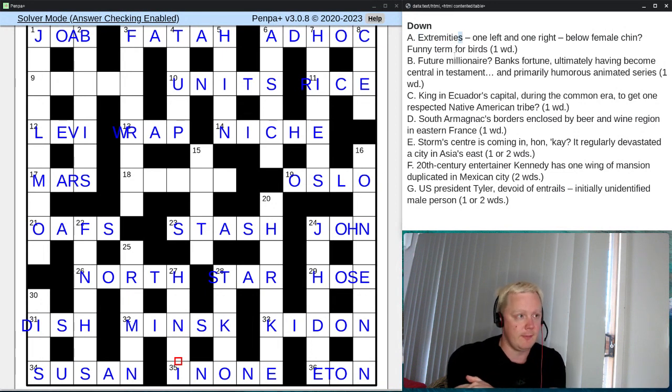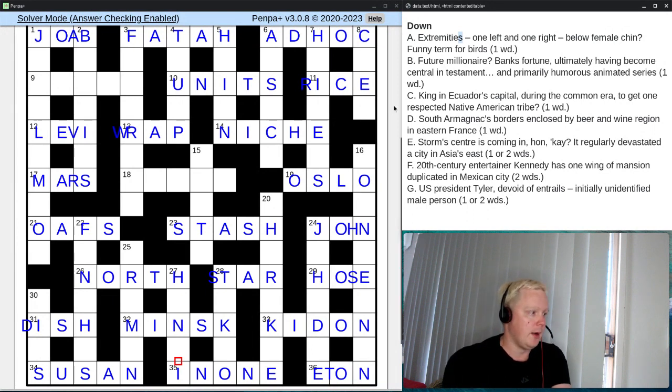Now that's going to be relevant here. So it's going to be term for birds, the definition here, the first definition that we need. We're going to have one left and one right from the word extremities. So we have E and S. That is below something. Now remember, we are looking at down clues here. So below can mean after the other thing. So ES is at the end.